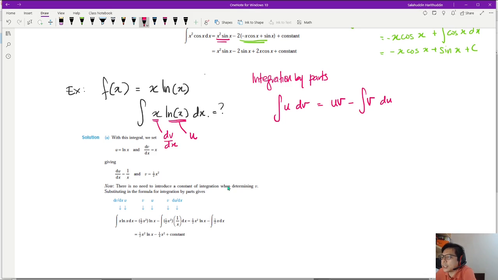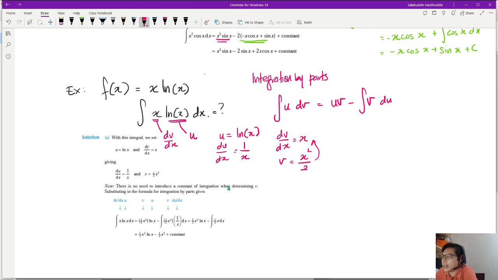If u is natural log of x, I know that du/dx is 1 over x. And if dv/dx is x, then v will be x squared divided by 2. You can see that straight away.